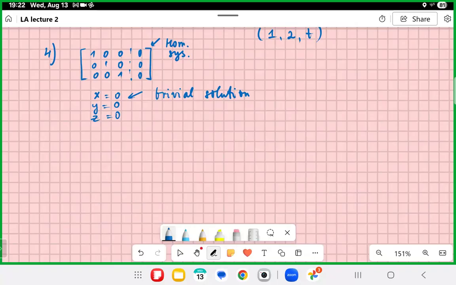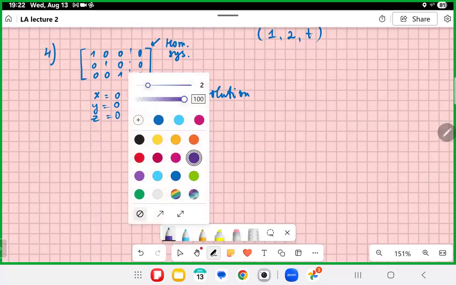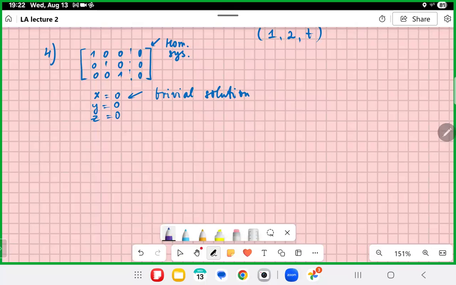Okay, so after we discussed the question of the number of solutions, we are going to try the elimination method. Okay, so let me change the color and go over elimination.